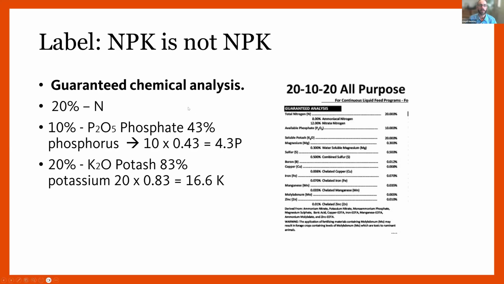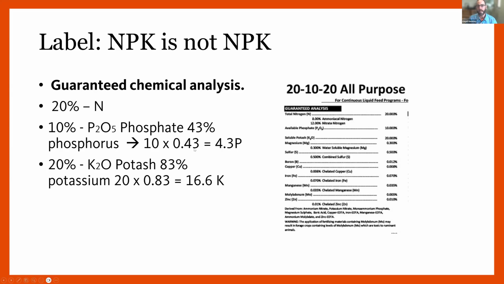The N is nitrogen, but the P number is phosphate, so that's P2O5, and the K is potash, K2O. That's what these numbers are. It's broken down here, and it's not hidden on the label. It's just not part of our lexicon or our vocabulary: 20% nitrogen, 10% phosphate, 20% potash, and then other stuff.